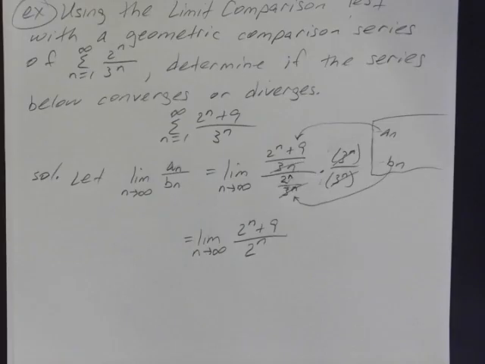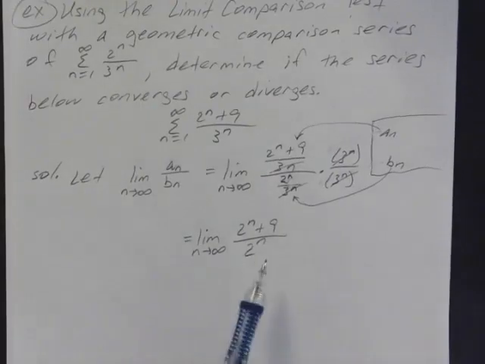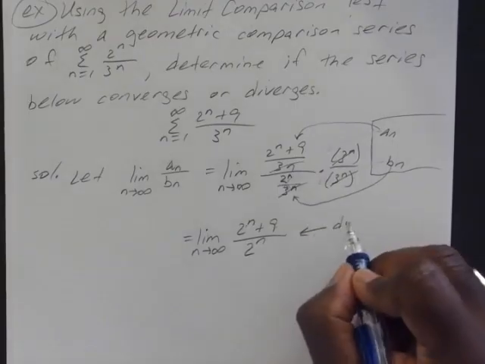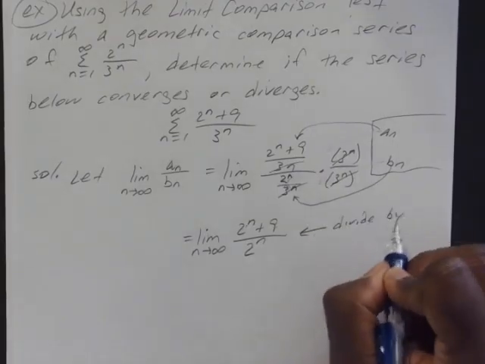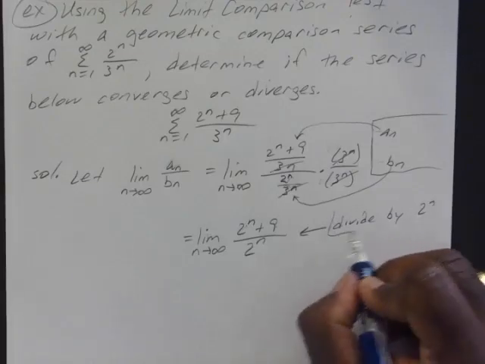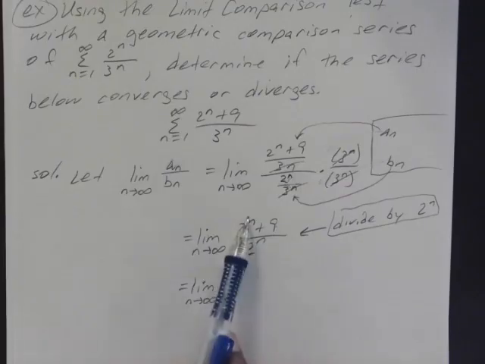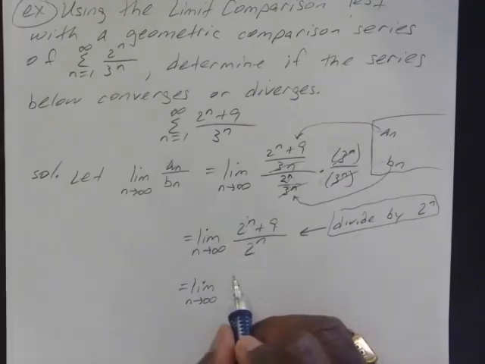So just like we did before, we wanted to simplify this a little bit more. We can divide each term by 2 to the power of n. So that gives us the limit as n approaches infinity of 2 to the power of n divided by 2 to the power of n.